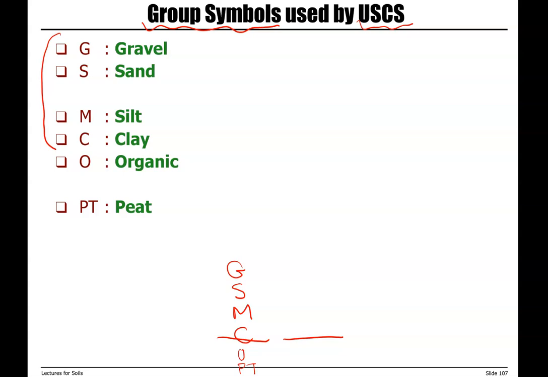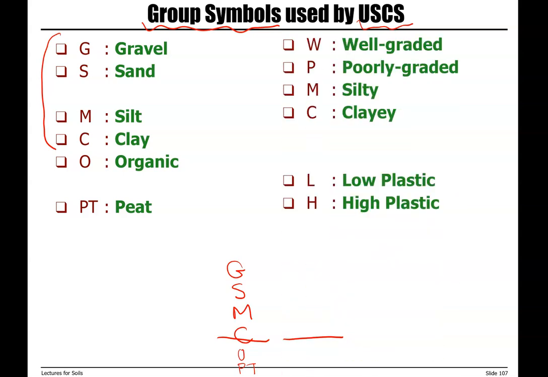Now that we know the main component, whether it's mostly gravel, sand, silt, or clay, we need to use a second letter to describe the properties of that material. If it's a gravel, we need to say if it's a well-graded gravel or a poorly graded gravel.